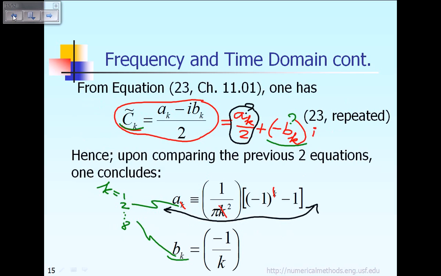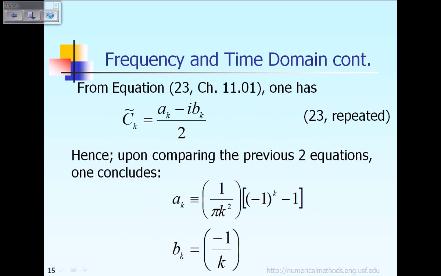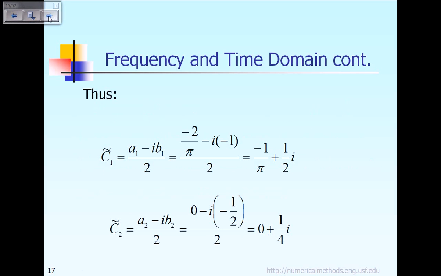So if you know Ak and Bk, we can easily calculate C tilde k based on equation 23. So knowing A1 and B1, we can calculate C tilde 1. And the answer for C tilde 1 is right here.